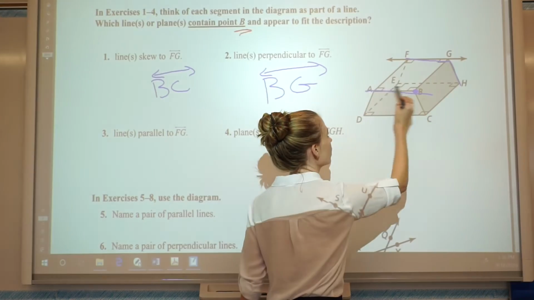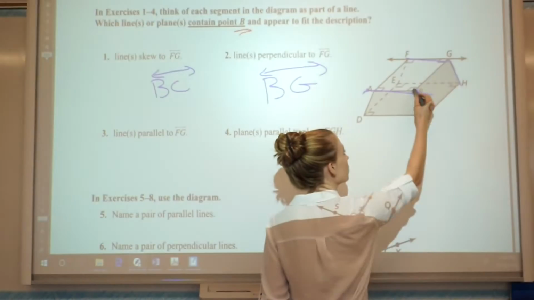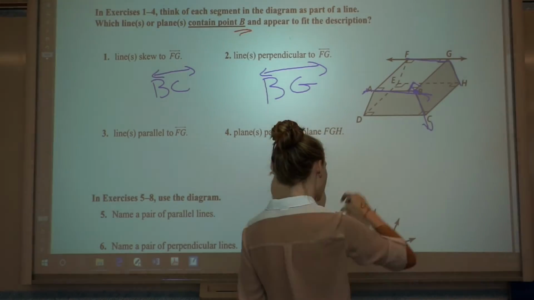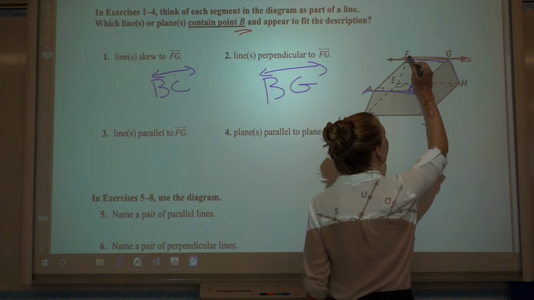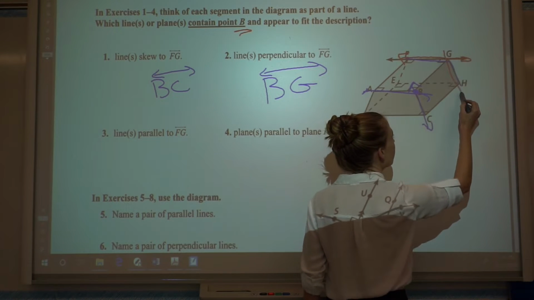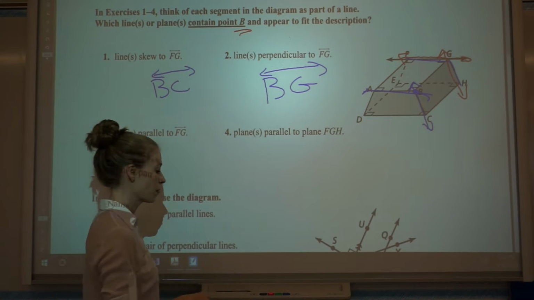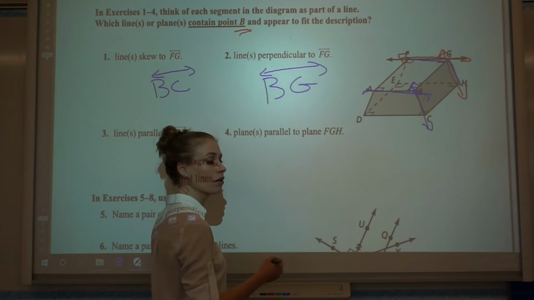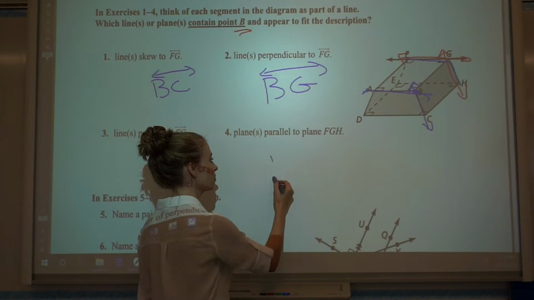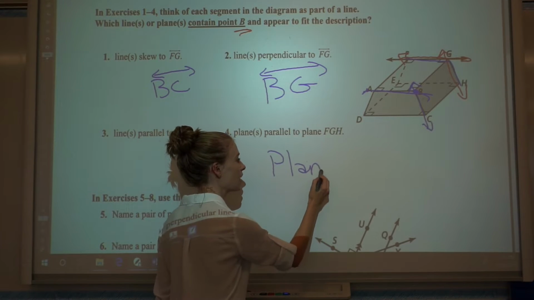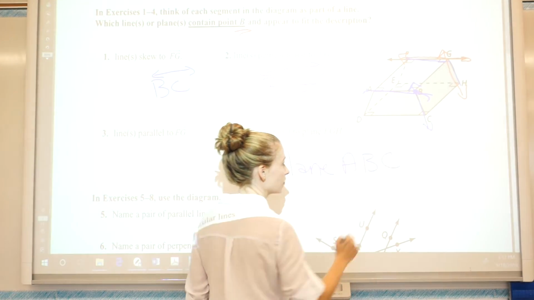So maybe AB, and maybe also BC. It helps to draw a line going through FG and see the line that's happening with GH. So another plane that is parallel to plane FGH is plane, don't forget that name, plane ABC.